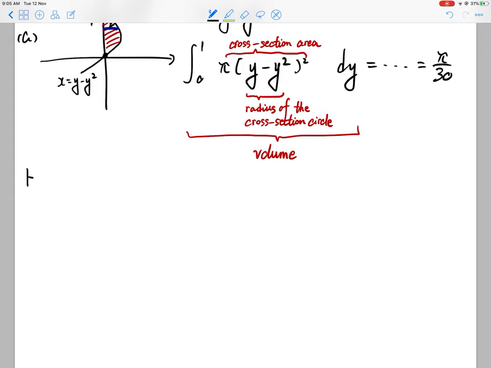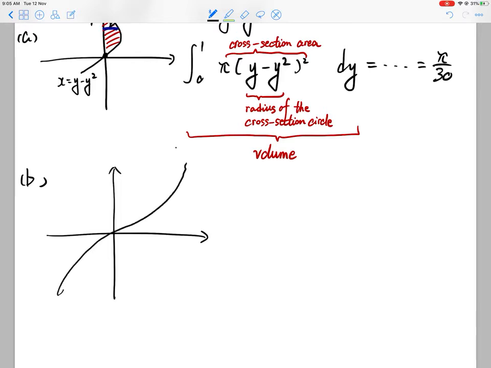Right. Part B, find the volume. So first, y equals x cubed looks like something, and the lines y equals 0.